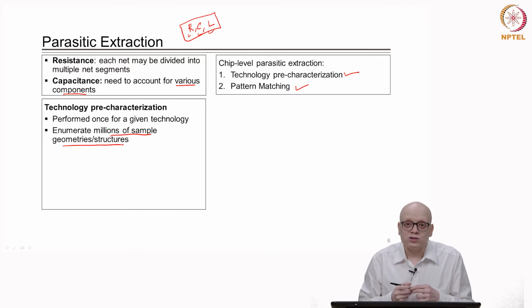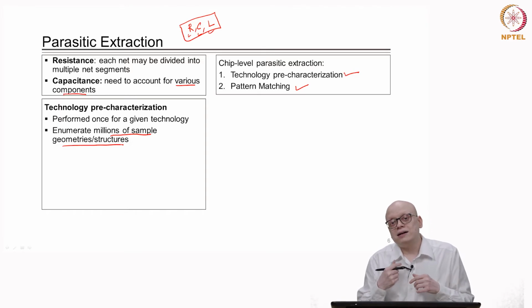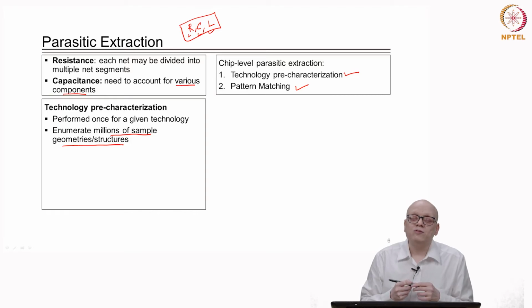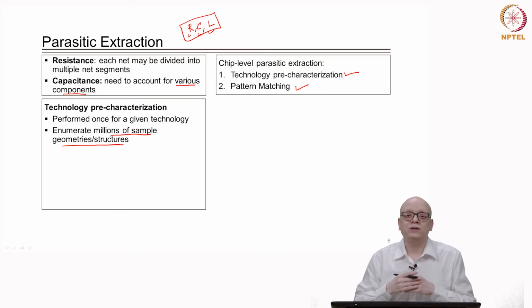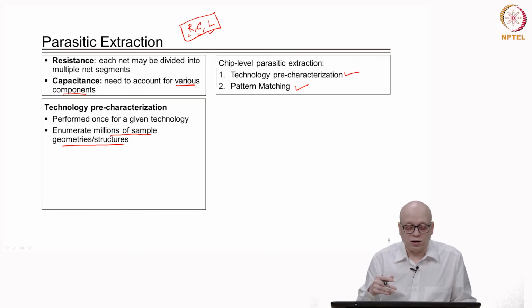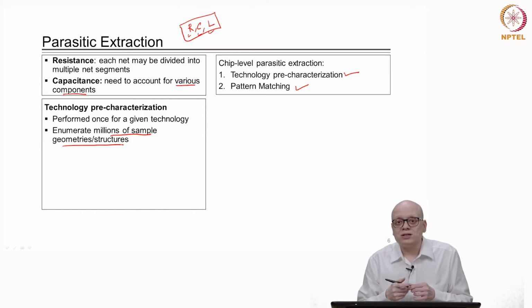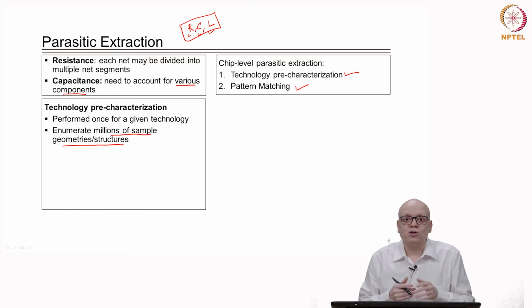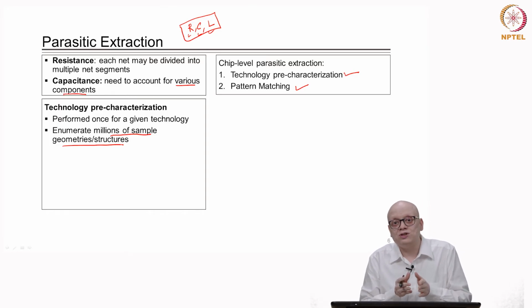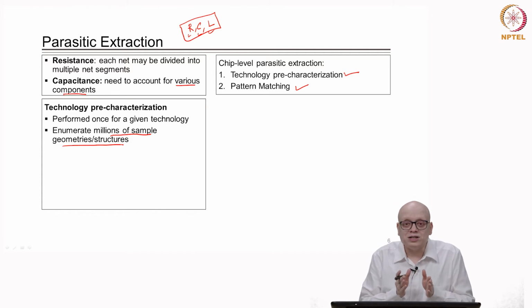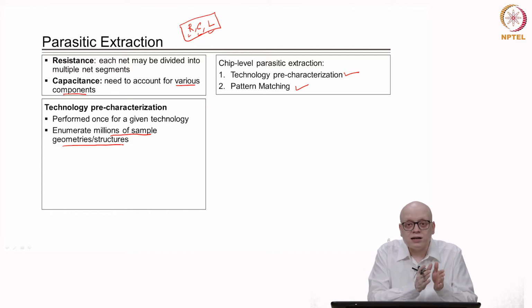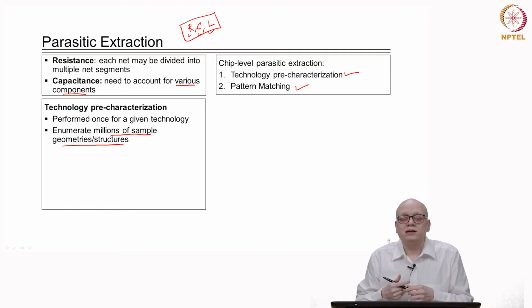Based on the different stack of interconnect layers and the dielectric, the tool will come up with various combinations that can be there between different metal layers, and also try out various geometries or different kinds of spacing, and which conductor or which metal layer is in proximity with other metal layers, and so on.